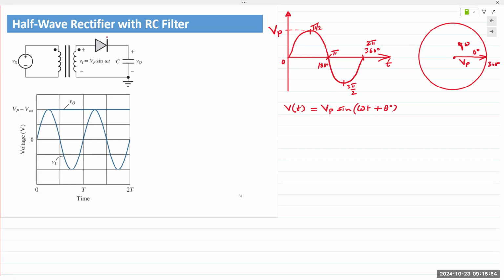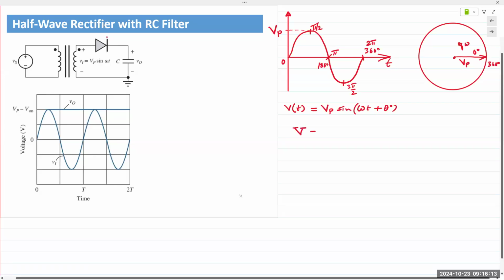We want to keep it separate because we want to represent the time varying waveform as a vector. Phasors, remember phasors? We want to represent it as a phasor in the frequency domain. And so the phasor for this can be given by Vp with an angle of theta.